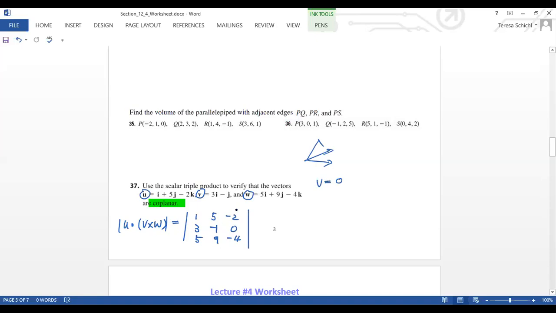If you put it into a triple product and use the method we talked about to find the determinant, this is 0. That means the volume of the parallelepiped is equal to 0. So what does that mean? These three vectors are coplanar.